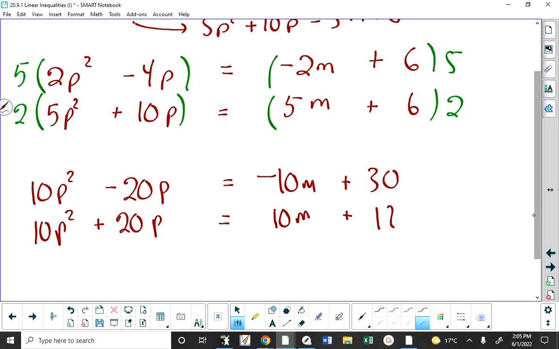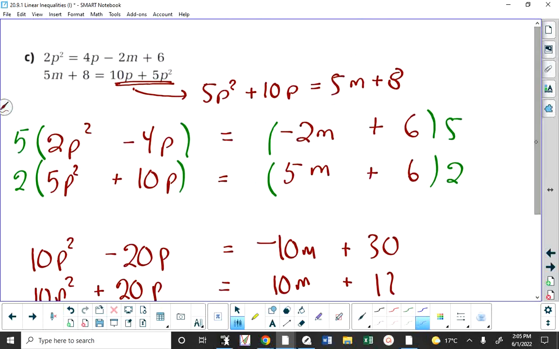Good. So what happens if we add the equations to get rid of the m's? Well, an unintended consequence of that is we happen to get rid of, oh no, we don't get rid of the p's, do we? We're still left with p squareds. Unless one was supposed to be negative. Nope.